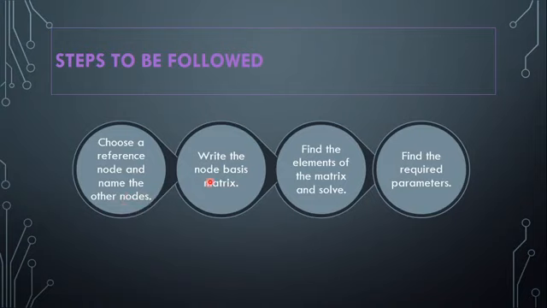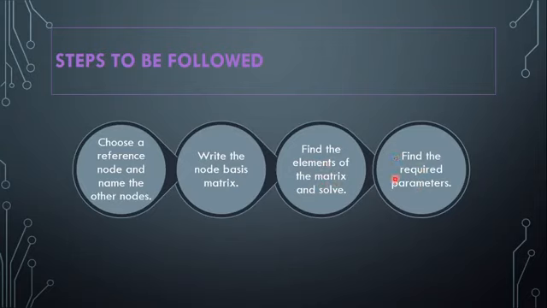Next, using this we'll write a node basis matrix. As in mesh analysis, in nodal analysis also we need to write the node matrix, and again we will use the same Cramer's rule to evaluate the matrix. After writing the node basis matrix, we will find the elements of the matrix and solve the determinants to find the required parameters.